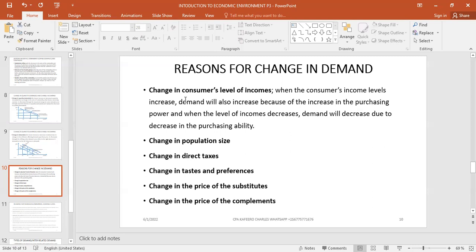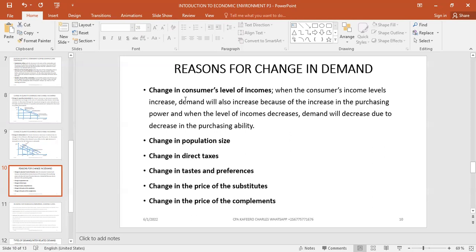Because when there is a change in direct taxes, those are taxes we charge on personal income. Those are the income taxes we charge on, let's say, the salaries of individuals.